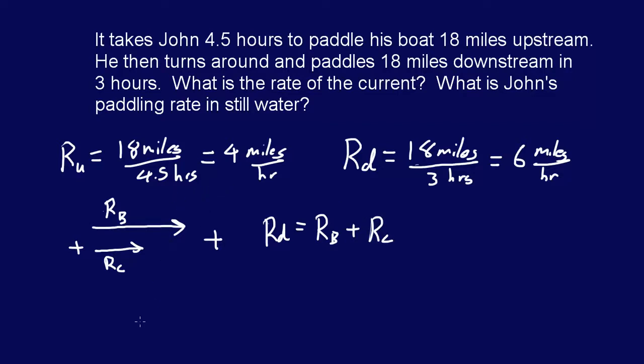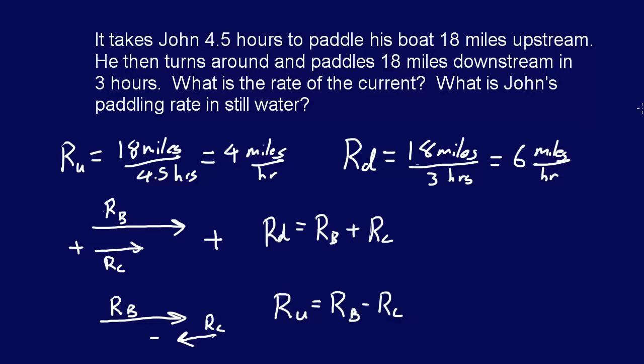And let's look at the other scenario. If you have the rate of a boat, but then there's a current moving against you, that's the rate of the current. Well, these are going to subtract against each other, so then the rate upstream is going to be the rate of the boat minus the rate of the current.